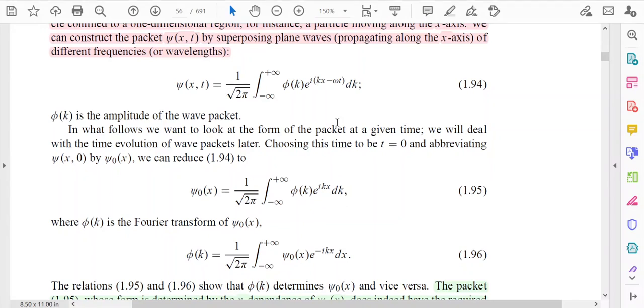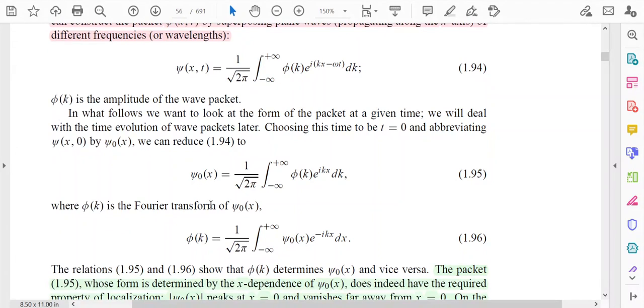You see that in equation 1.94 we have just put t equal to 0, and we have obtained equation 1.95, the equation of the wave packet at time t equal to 0. Here phi(k) is the Fourier transform of psi_0(x).